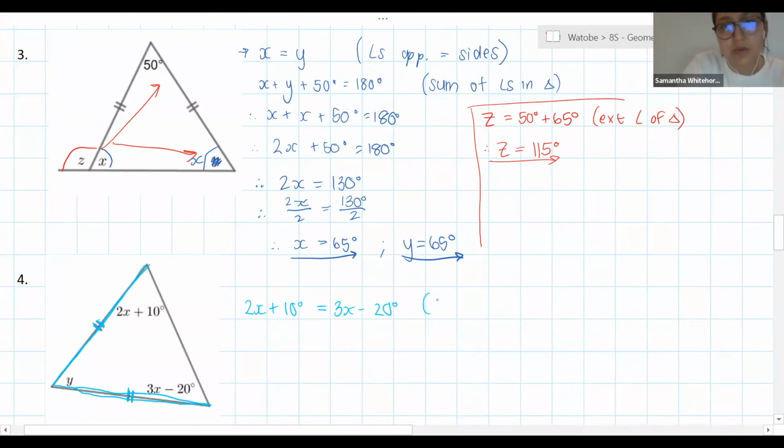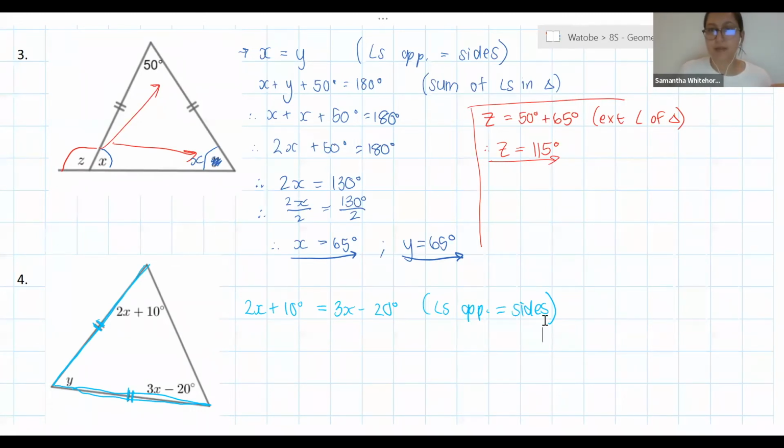And the reason would be angles opposite equal sides. Even though you're 100% correct to say that 2x plus 10 plus 2x minus 20 plus y must equal 180, we then have x's and y's, and we want to try avoid working with 2 variables at the same time. So if I can first work out what x is, that might help me to then figure out what y is. Would you agree?